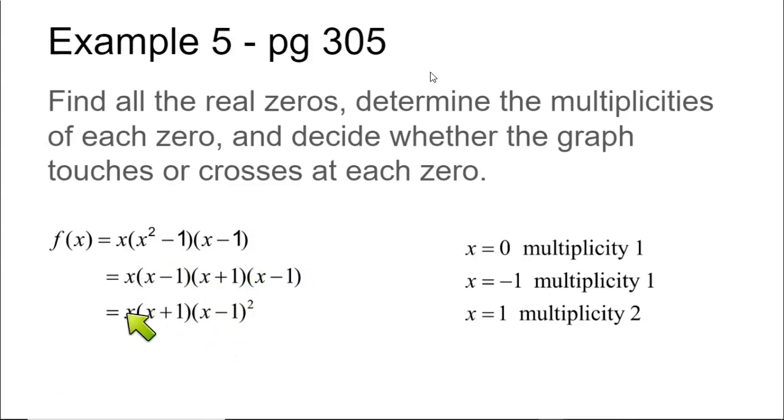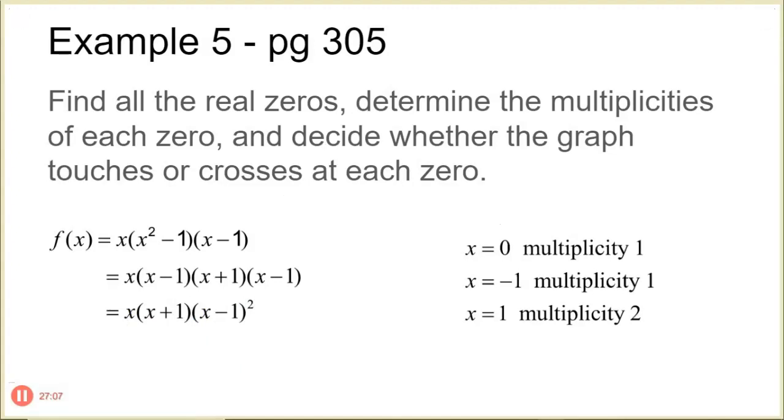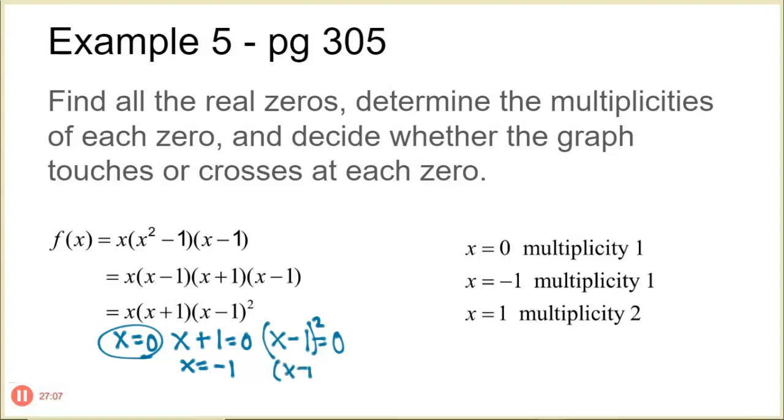If I were to solve this polynomial function for its x-intercepts, I set each part equal to 0. This is x equals 0, this is x equals negative 1, and this is x minus 1 times x minus 1. I guess I really didn't have to regroup that together, but that's okay. So this is x equals 1, and this is x equals 1.